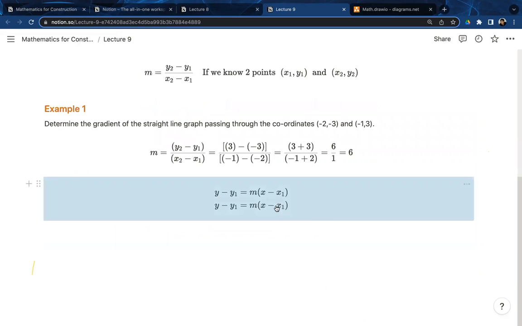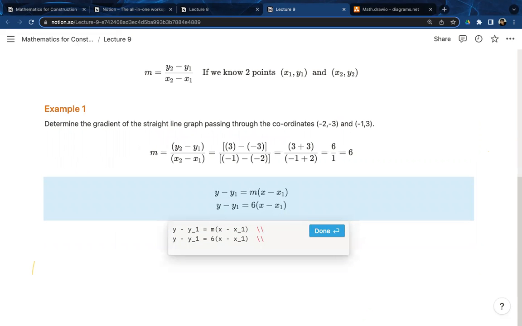It doesn't really matter. M is 6. X1, Y1 is this guy here. This is X1, Y1. So Y1 is -3. So I'm gonna put -3 there. And X1 is -2. So I just put some different brackets here.